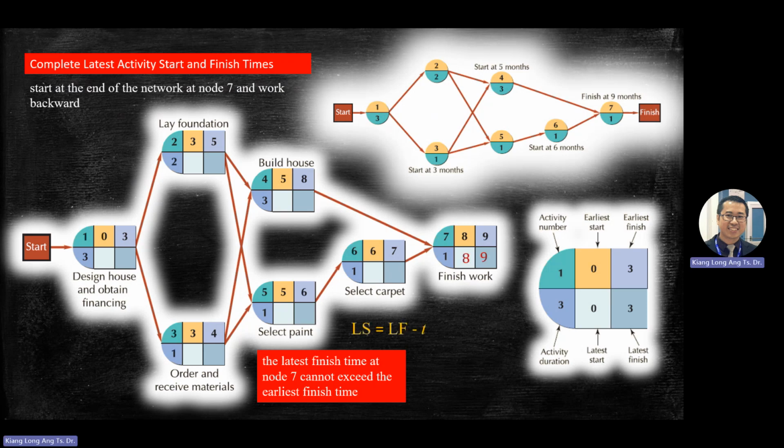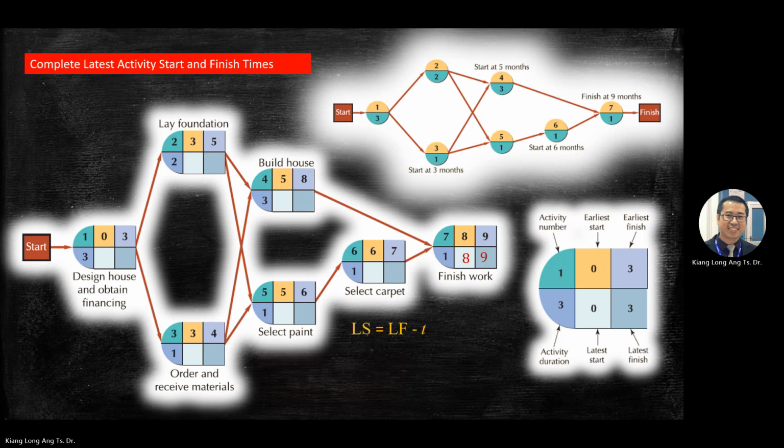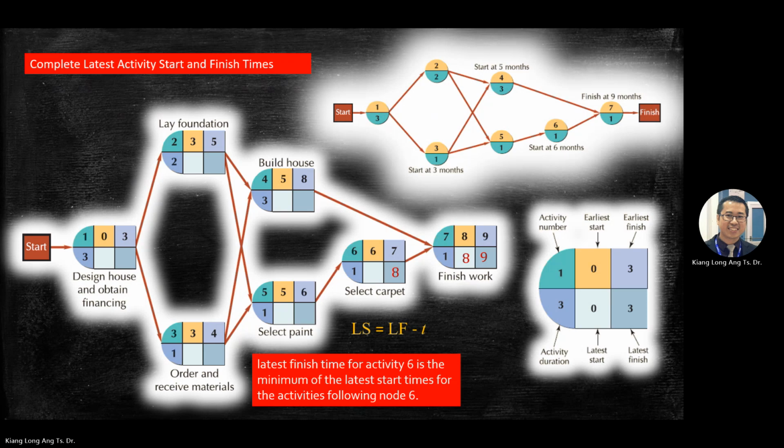Okay, so this one you understand is 8 and 9. But you see activity number 4 and number 5, you need to choose the number to put inside here. This one is the previous one. Previous one, you copy from here. So how do you get 8?